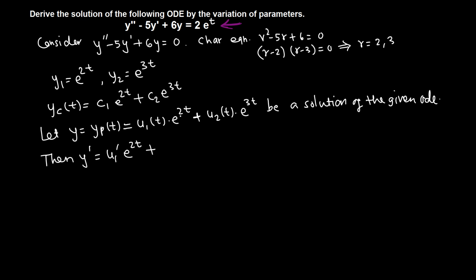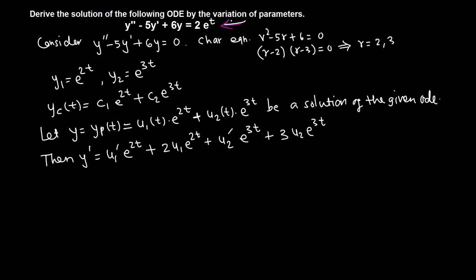So this is 2u1 e2t. Similarly for the second product, derivative of u2 times e3t plus derivative of this, 3u2 e3t.